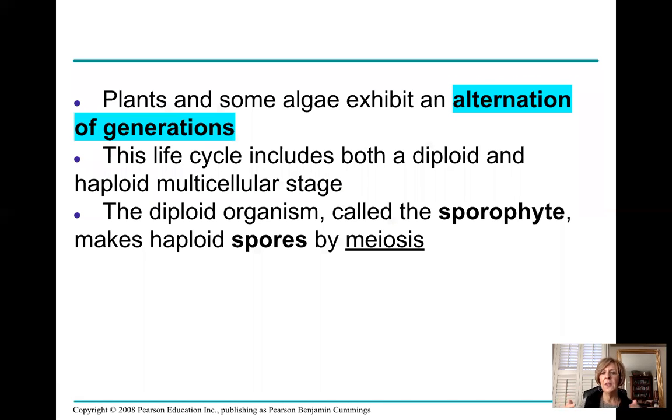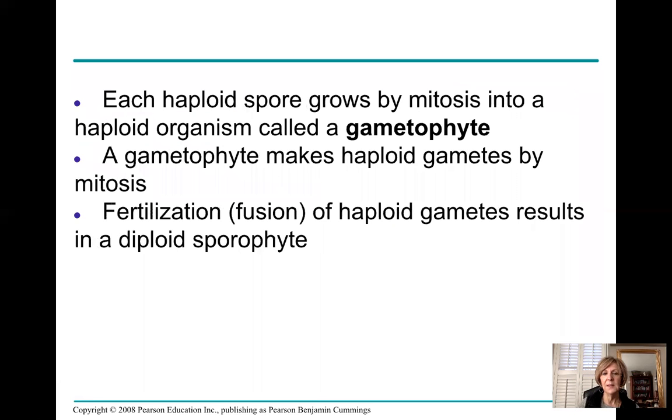So we call this alternation of generations because about half the life cycle, the organism we call a sporophyte, which is diploid, and the other half is called a gametophyte, which is the part of the plant that produces the gametes. The gametophyte is all haploid, right? So that's producing the egg and the sperm.